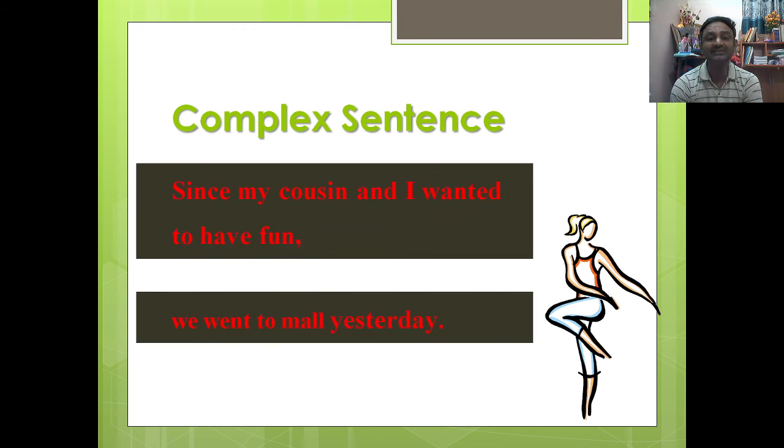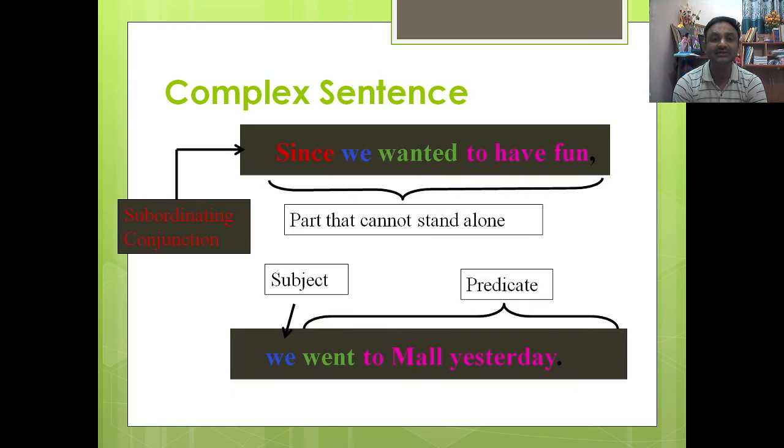In a complex sentence, the sentence looks like: since my cousin and I wanted to have fun, we went to the mall yesterday. This is an example of a complex sentence. This slide gives you a better picture. Since we wanted to have fun is the part that cannot stand alone, because when we say only this part, it looks incomplete.